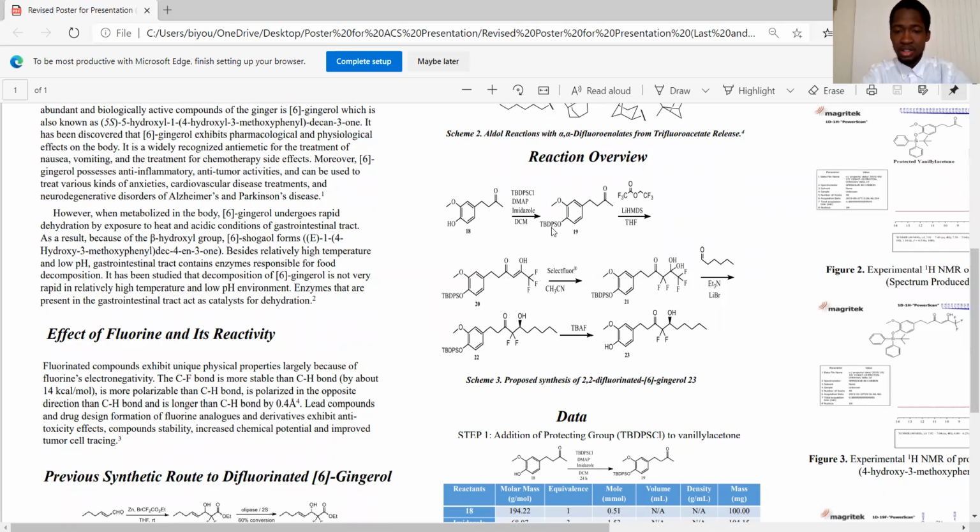add this protecting reagent. And then this protected vanillyl acetone is now going to react with trifluoroethyl trifluoroacetate in the presence of LiHMDS, which is the base in this reaction, with THF, tetrahydrofuran, as a solvent. Then we were able to synthesize this product, which is now fluorinated.